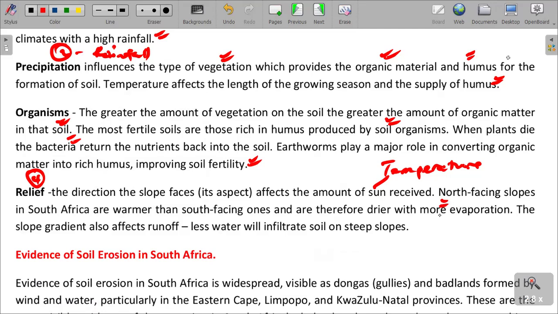So we talk about aspect, the orientation of a slope with regard to how much sunlight is received. In the southern hemisphere, north-facing slopes are warmer than south-facing ones, and are therefore drier with more evaporation because of their orientation towards the sun. The slope gradient also affects runoff.